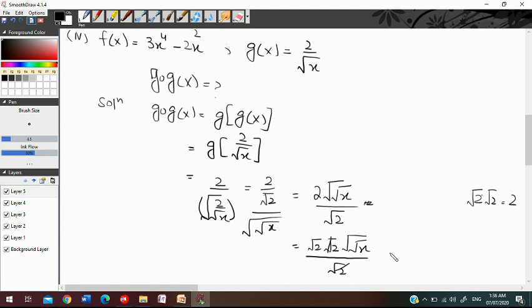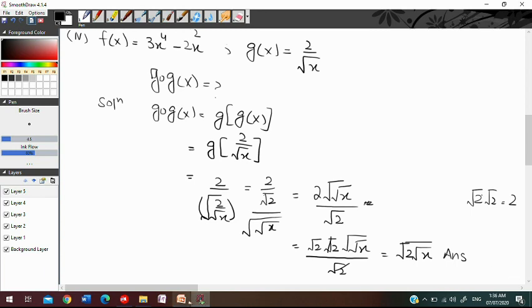This 2 and under root 2 are cancelled, and we get under root 2 of under root x. This is the answer of your question. So these are the different parts of your question number 1.